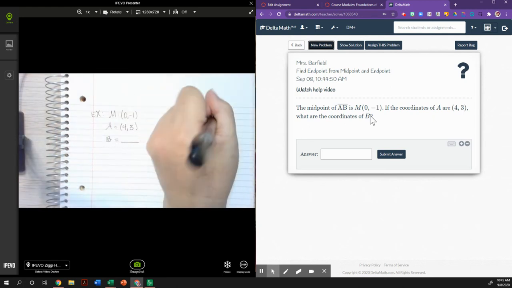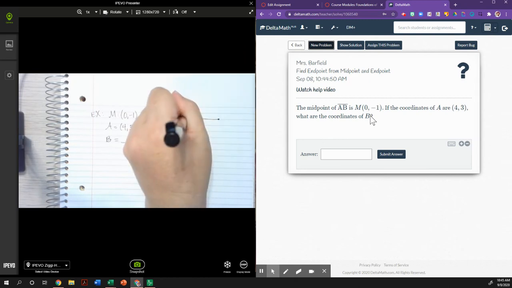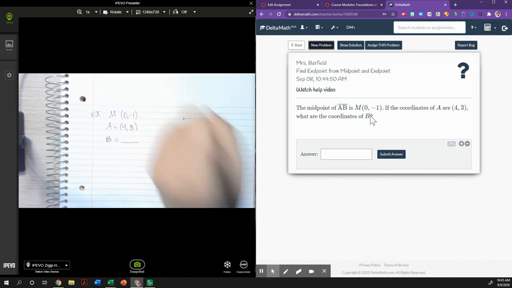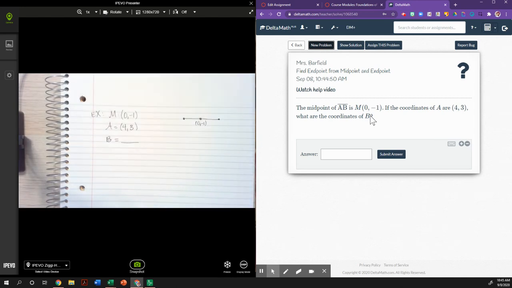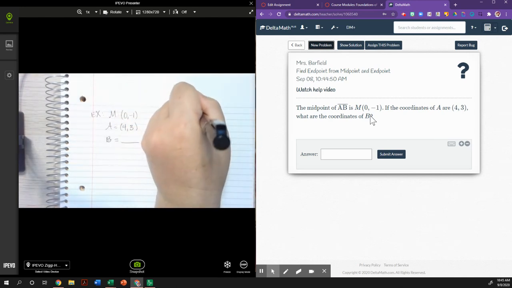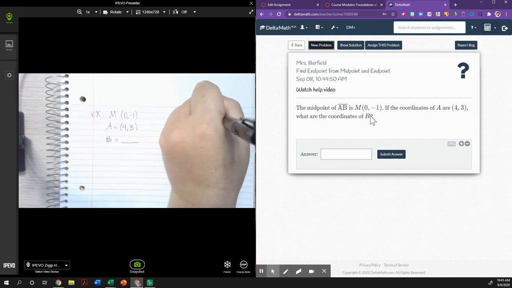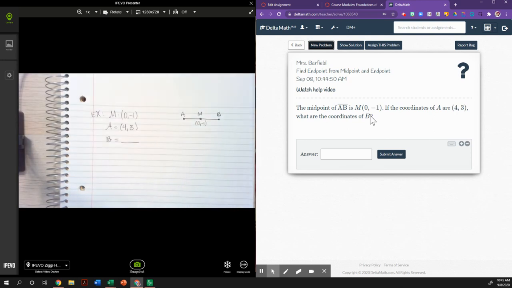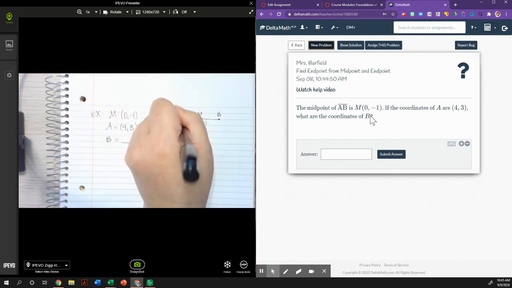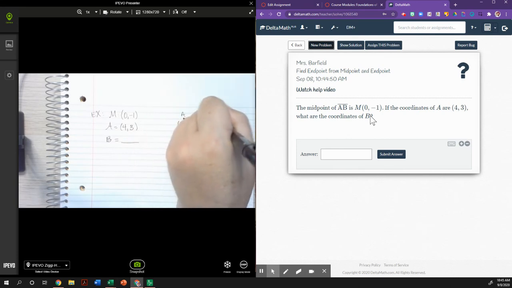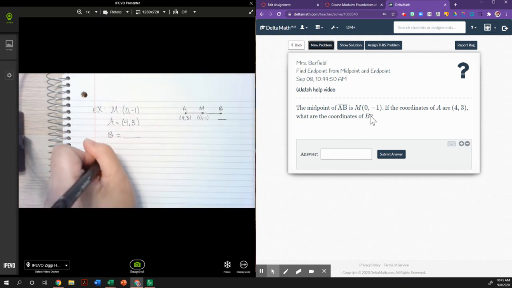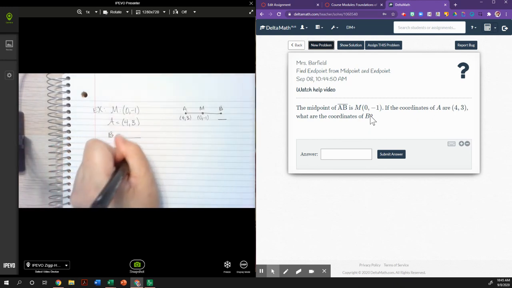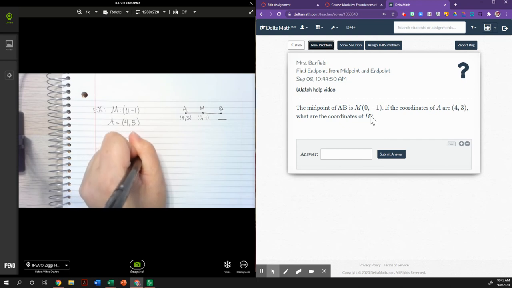Okay. Now, remember, if you need to draw yourself a picture, to just give yourself a mental representation that you have 0, -1 here, you've been given the midpoint, A and B. I think for some, if you draw the picture, it helps you understand that you're looking for an additional point. Okay, so we're trying to figure out what B is. All right, so the midpoint formula, you'll learn it if you write it down.